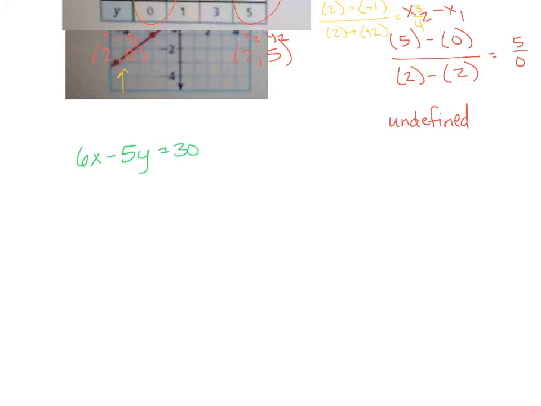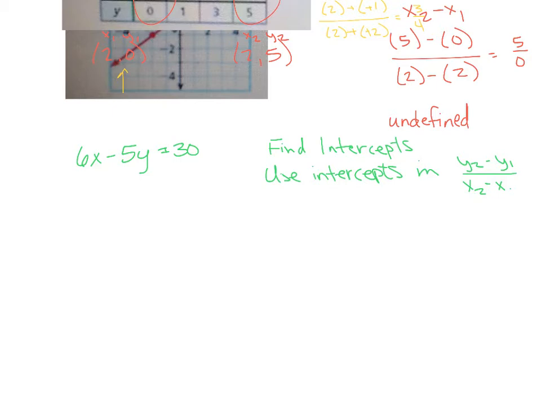And our steps for how we do that is we find intercepts, like we learned how to do in 4-2, and we use those 2 points, the intercepts, in y2 minus y1 over x2 minus x1.